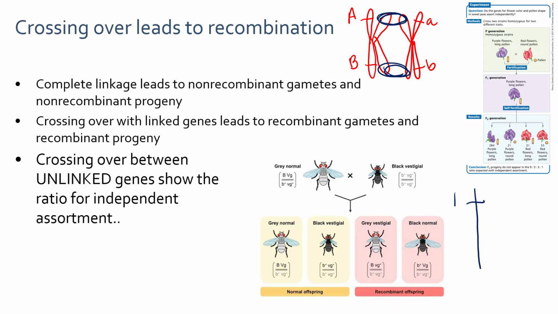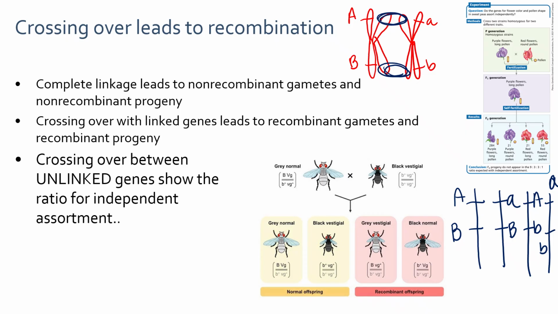We end up with big A big B, little a big B, big A little b, and little a little b. So there are 4 phenotypes in our offspring.